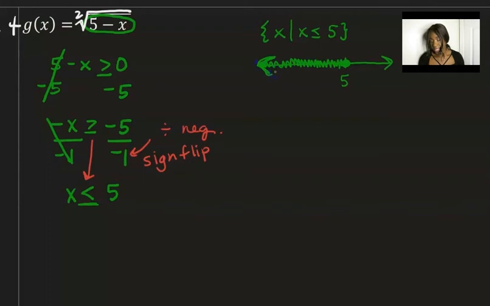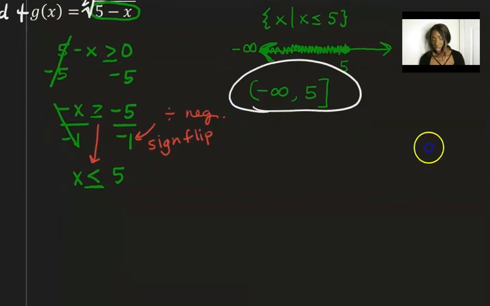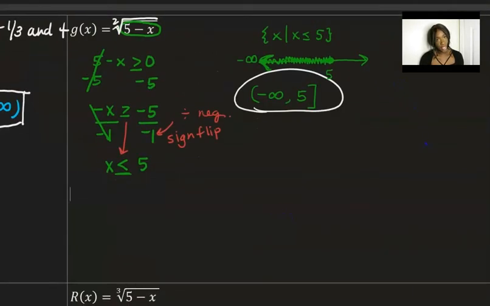And because x is less than 5, I'm going to shade to the left of it. My shading starts at negative infinity, and the infinities always get parentheses. And the shading goes up to positive 5, which is included, so it gets a bracket. And that would be the domain in interval notation.